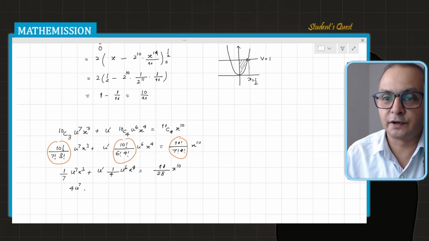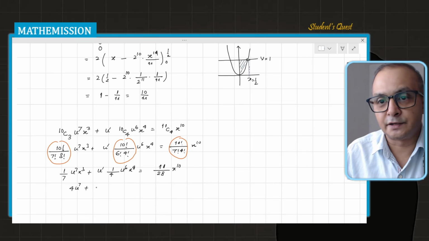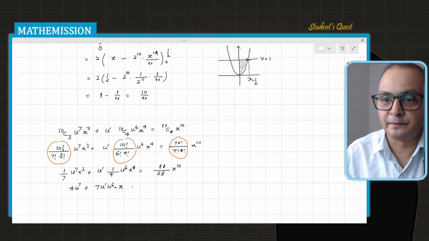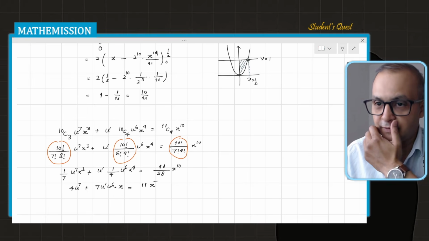Of course this will give you nothing there because it's the lowest power, and here I get 7 u dash u to the power 6 and 1 x also extra, and here we get 11 because I have multiplied by 28, and here we get 7.